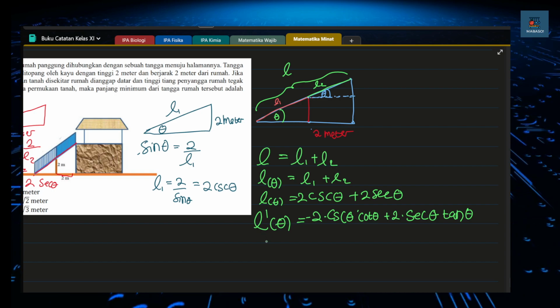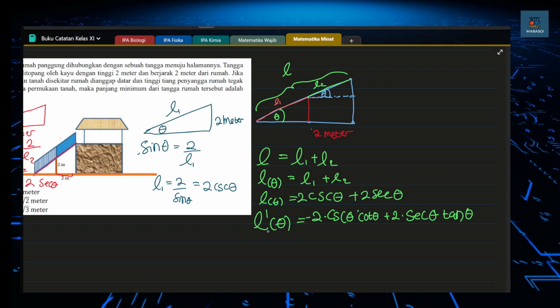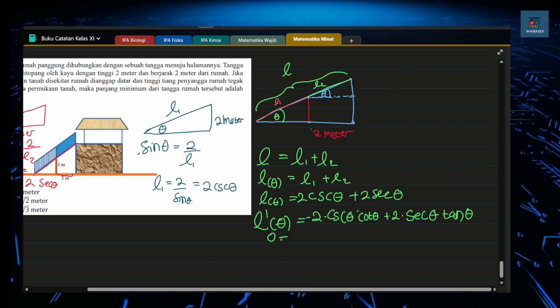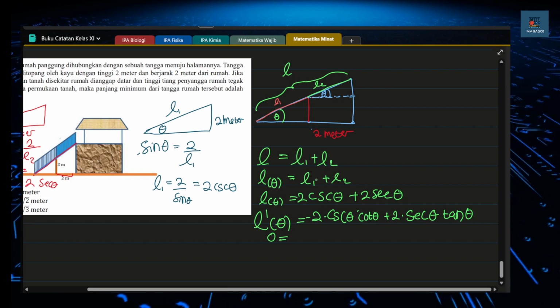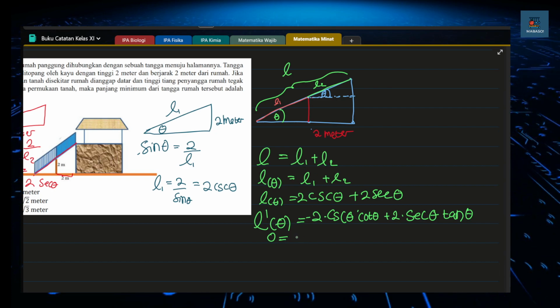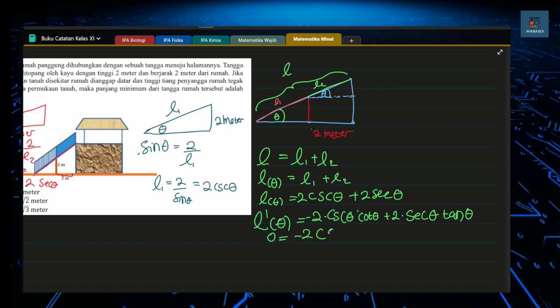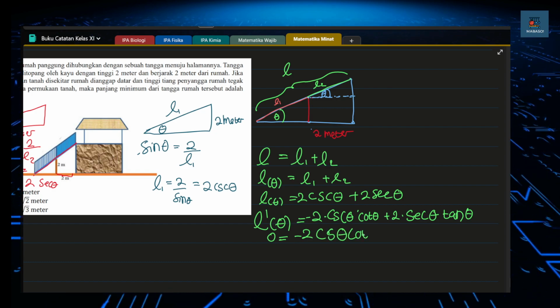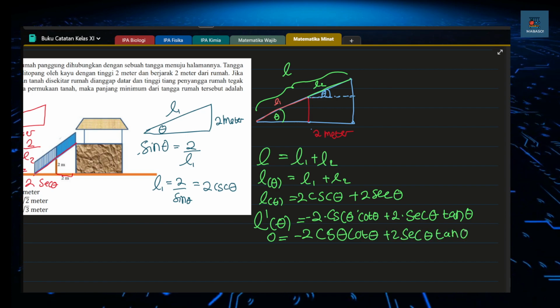And we have to set this equal to 0 to find the value where the function is maximum or minimum. Now this would be minus 2 cosecant of theta cotangent of theta, plus 2 secant of theta tangent theta.